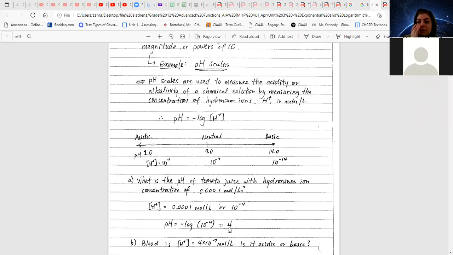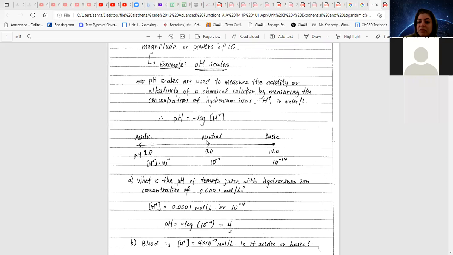If you measure different substances, the pH will range from 0 to 14. 0 means your solution is very acidic. The numbers close to 14 are very basic.